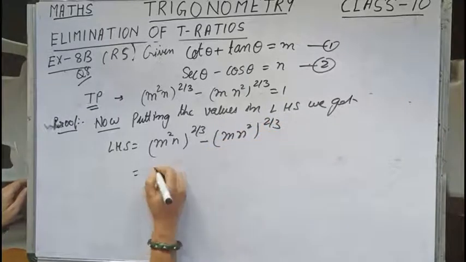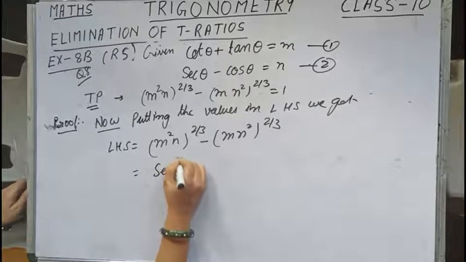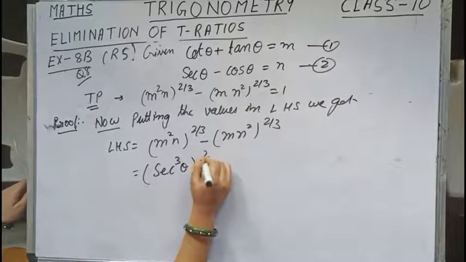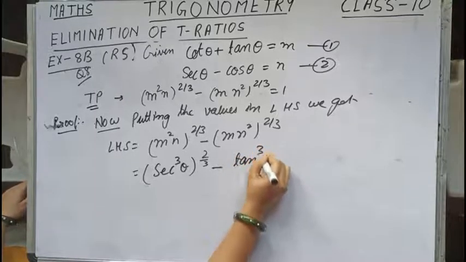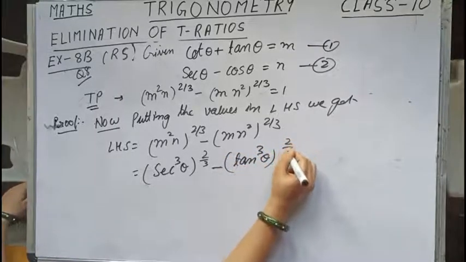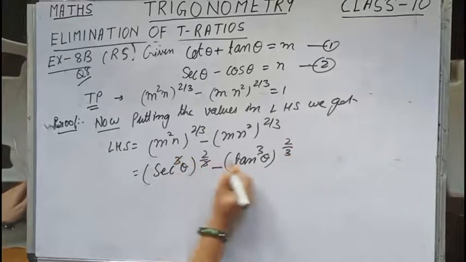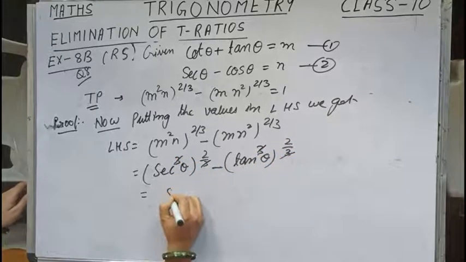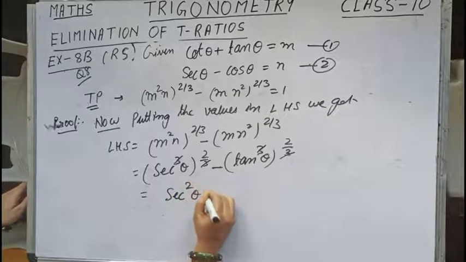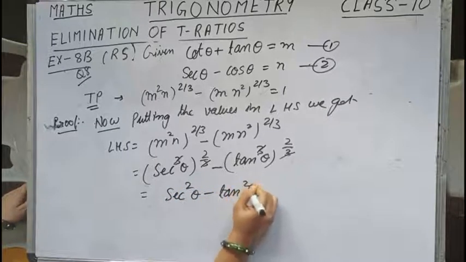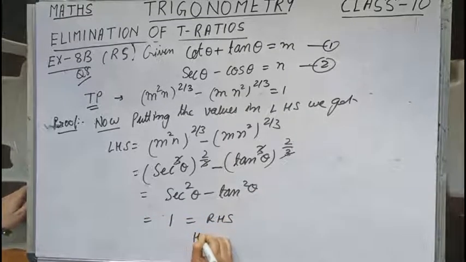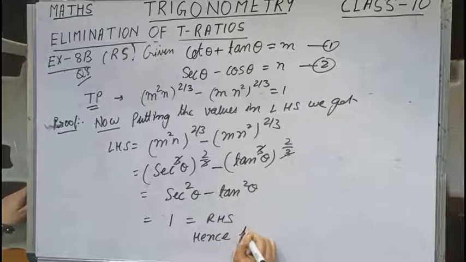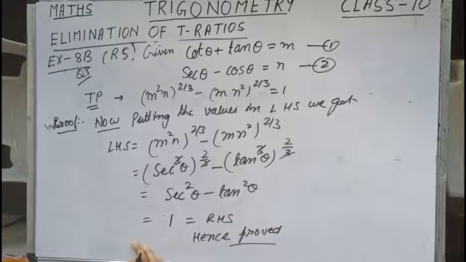Now m square n was coming as sec cube theta power 2 by 3 and mn square was coming as tan cube theta power 2 by 3. Now this 3 will be cancelled and we are getting sec square theta minus tan square theta, and this is equal to 1, which is RHS, and hence we are getting the proof. So it's an important question also, student.